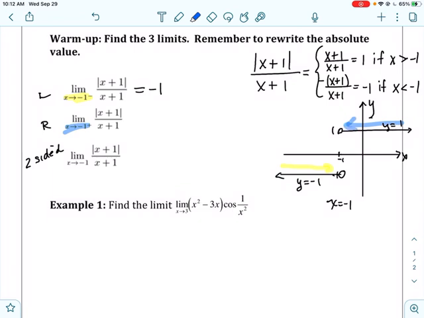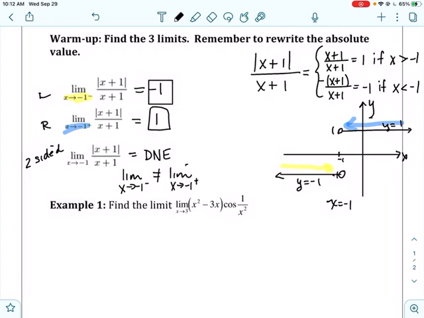Coming in from the right-hand side, our function value is always 1, so this one is 1. And then we would say that the limit does not exist for the last one, because the limit as x approaches -1 from the left does not equal the limit as x approaches -1 from the right. So there are your three answers for the first problem, and we'll move on to the squeeze theorem.